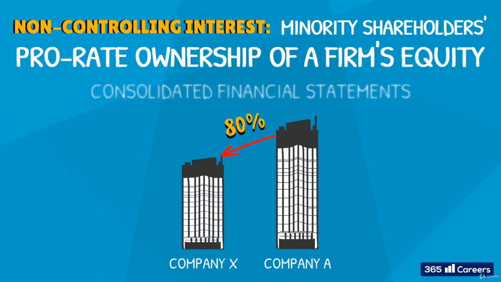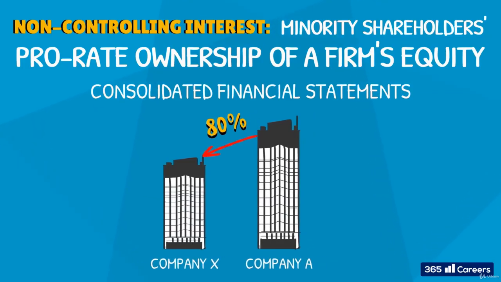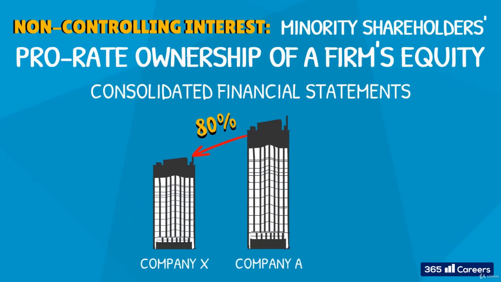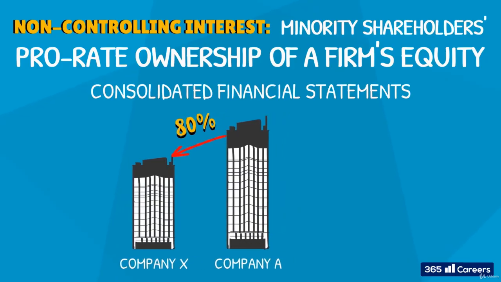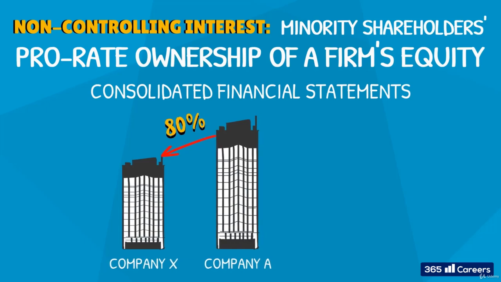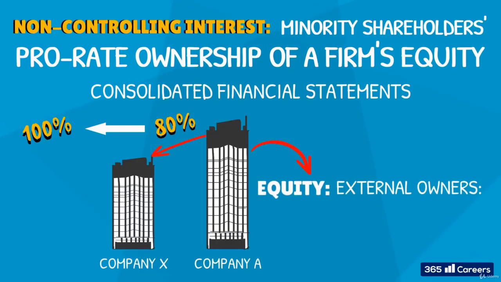When Company A has to prepare a consolidated financial statement, including Company X's assets and liabilities, it will also have to show in its balance sheet that it owns only 80% of Company X. The way things work out in practice is that Company A will show the entire amount of Company X's assets and liabilities, and then will also report in its equity that external owners have a 20% stake in Company X. This is how Company A's consolidated balance sheet balances.